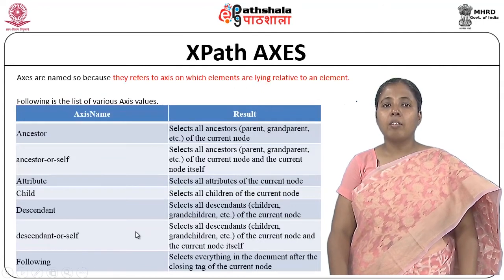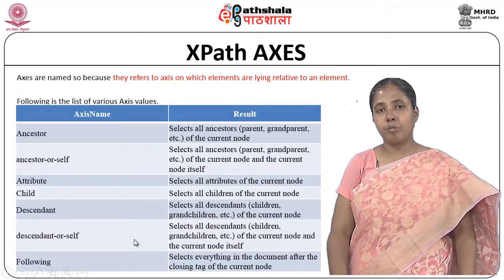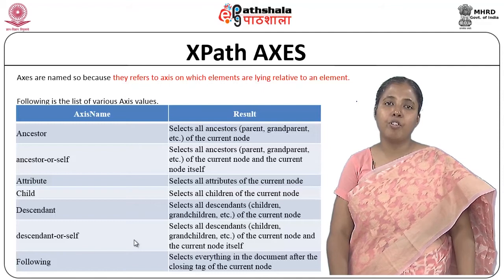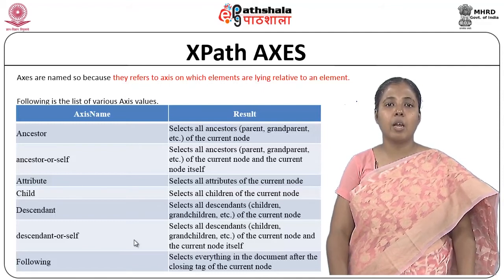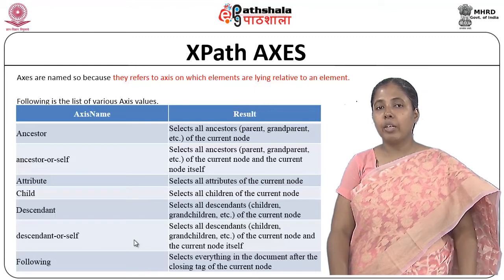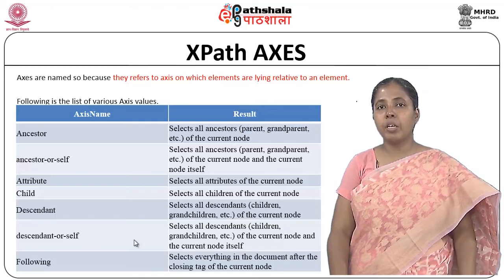Now, axes are also supported. XPath axes are supported in XPath expressions. Axes are named after the axis on which elements lie relative to an element. So relative path expressions can be given using XPath axes.